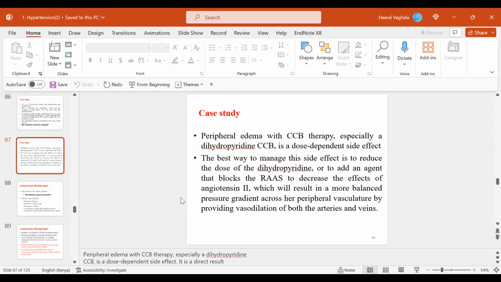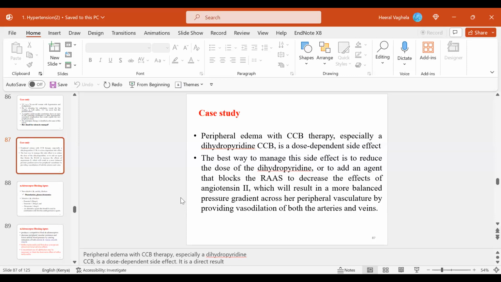ACE inhibitors, one of the common side effects is that they increase bradykinin, so you'll see dry cough or angioedema. In such a case, you opt for ARBs such as losartan, valsartan, which directly inhibit the angiotensin receptors.